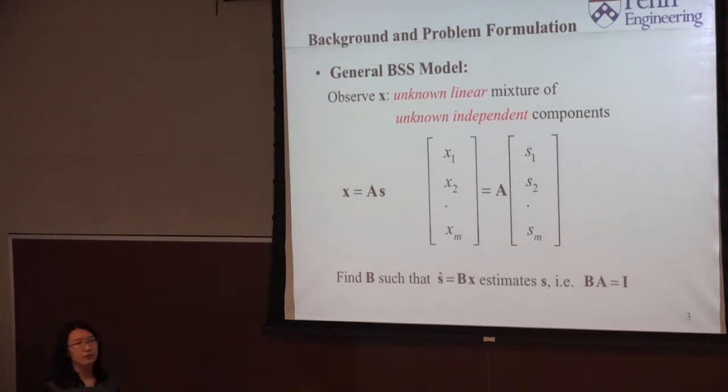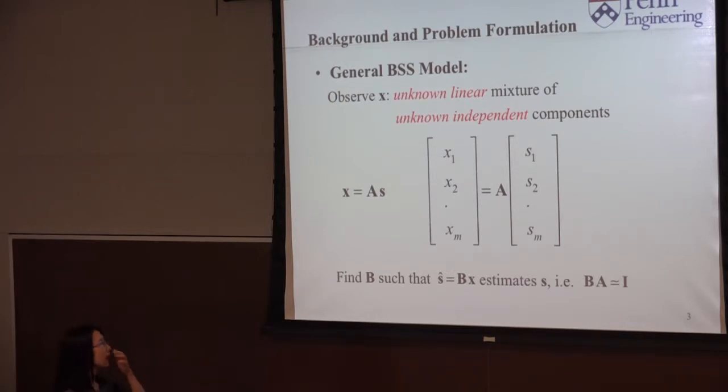So this is the background of blind source separation. Here is the basic problem. We have a vector of source symbols, and we have no information about what exactly they are. We also have a mixture process that is a matrix. We know that it is a matrix, but we have no information about its exact entries.